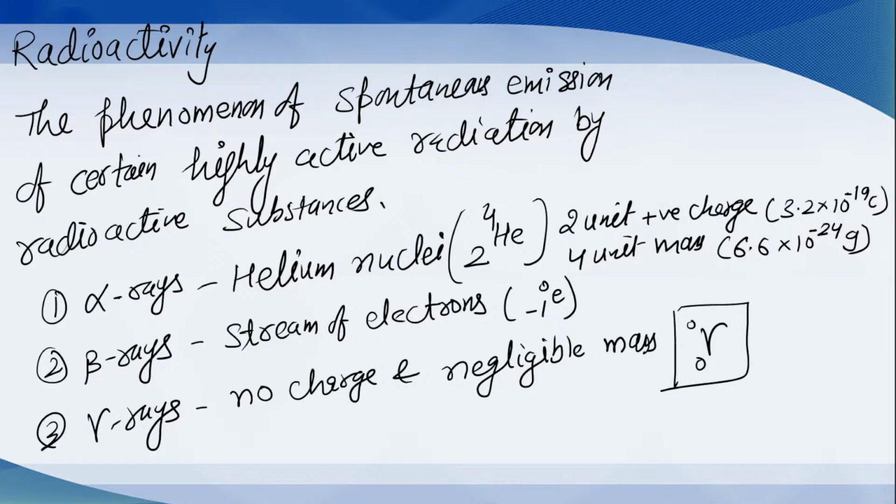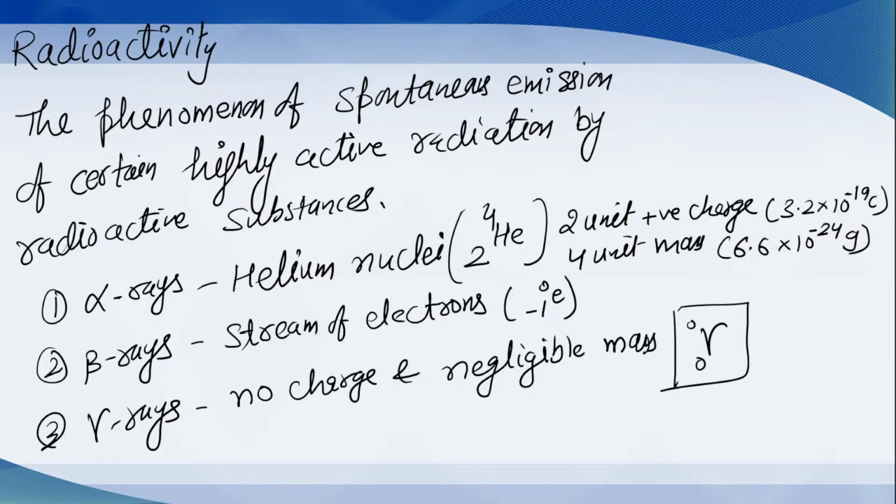Keep in mind that alpha rays are not helium atoms or helium particles, they are helium nuclei. Helium has two electrons, and when those two electrons are removed, it becomes an alpha particle.